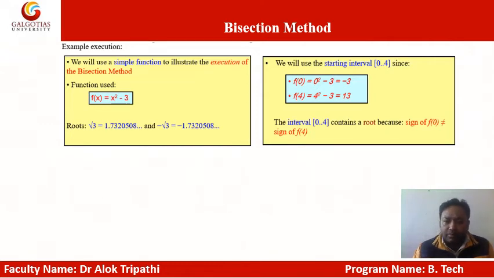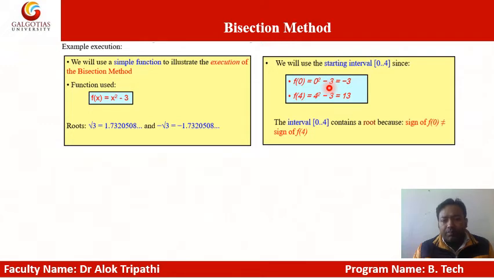Starting from 0, first we'll put the point 0. When we put 0 in this, we'll get minus 3. For x equals 1, the next value we shall put, 1 square minus 3, the value is minus 2. Again a negative value.